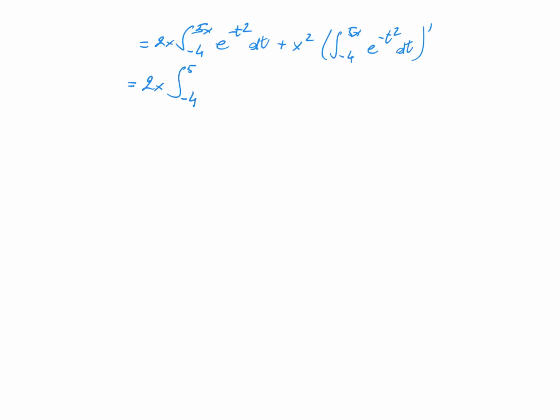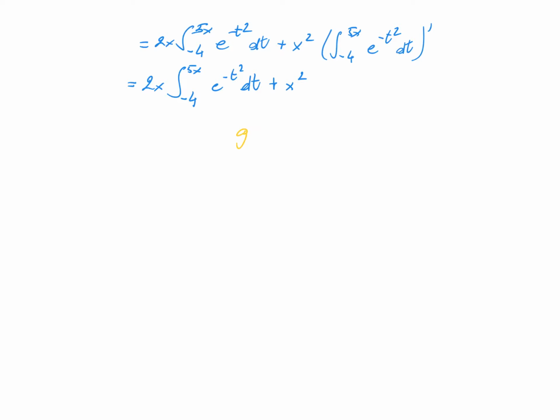Let us retake the final formula that we had. So this was equal to 2x times the integral from minus 4 to 5x of e to the minus t squared dt, plus x squared times the derivative of the integral from minus 4 to 5x of e to the minus t squared dt. This is equal to 2x times this integral, so this part doesn't change anymore, plus x squared times the derivative of the integral. Let's write this now in the form we saw on the previous slide.